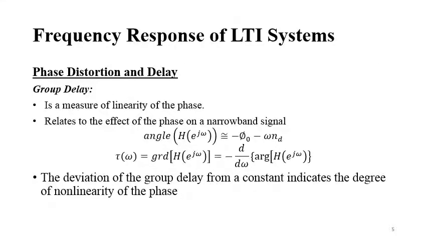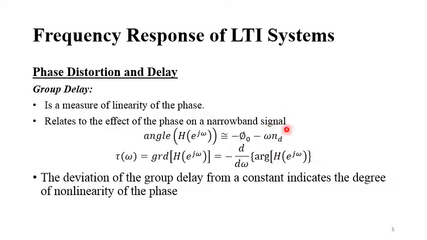Then the term group delay comes. Group delay basically is a measure of the linearity of the phase, that is, how linear the phase is. And to find the linearity of the phase, we normally take the derivative. If we take the derivative, then we can tell whether something is linear or how linear it is. So the angle of the response is basically equal to omega phi naught minus omega nd, right?